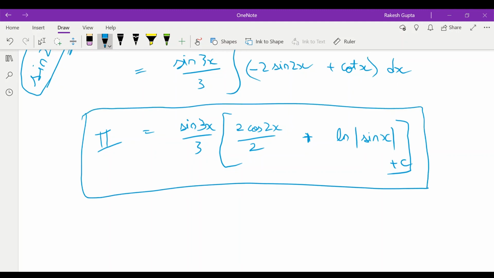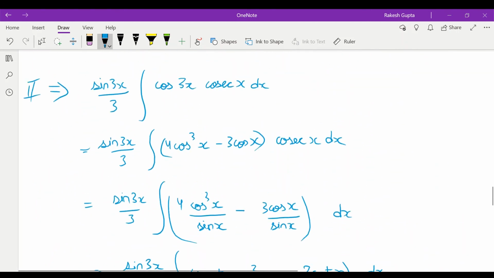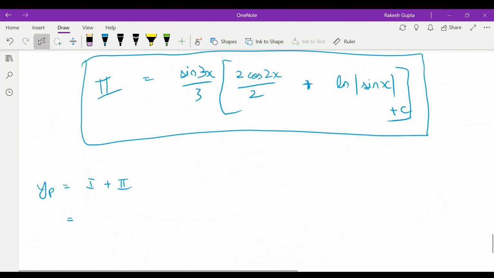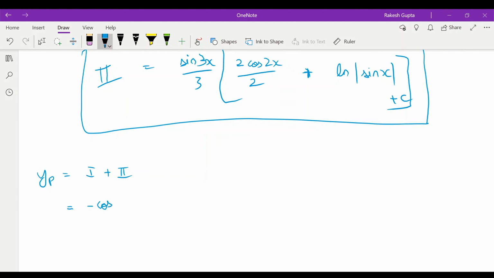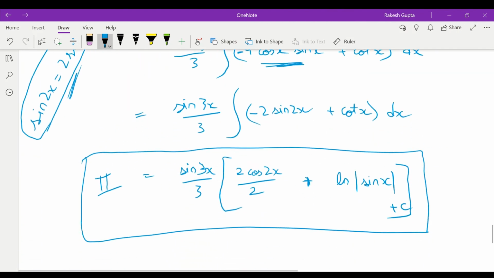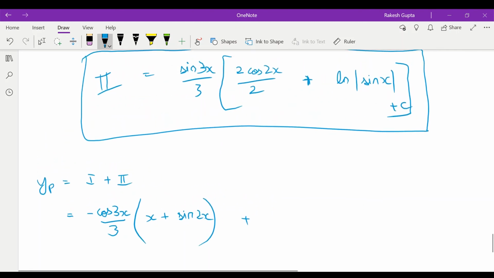Now we can write the entire particular solution as part 1 plus part 2. Our first solution is given by minus cos 3x by 3 plus the second part, which is over here.